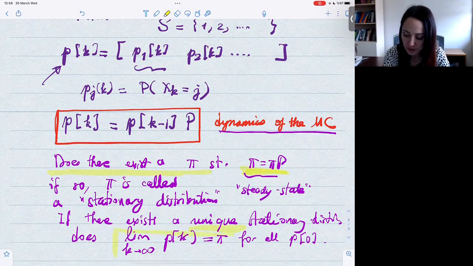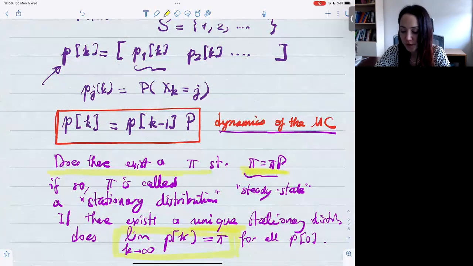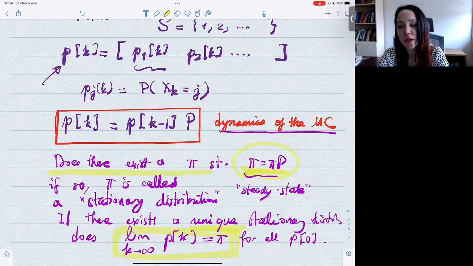I mean, does the probability vector really converge to pi? Because there are situations where there is a solution to pi equals pi P. However, the Markov chain is so-called periodic, and there's no convergence. Okay, so these are questions about stationarity and ergodicity.